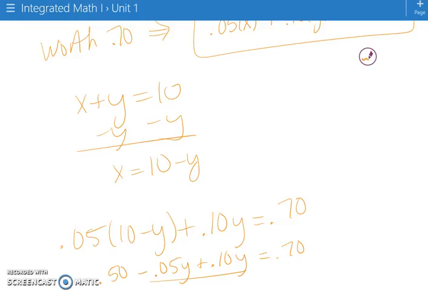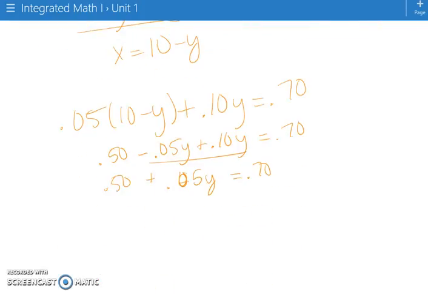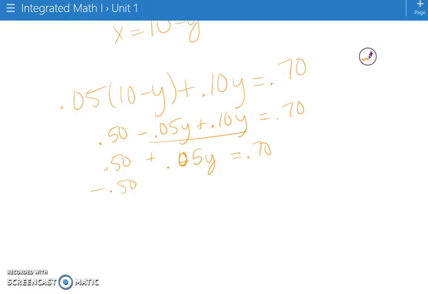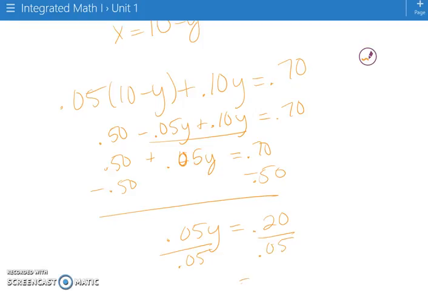I get 0.05y. Subtract my 50 cents on both sides. So 0.05y equals 20 cents. And when I divide that by 0.05, I should get a 4.